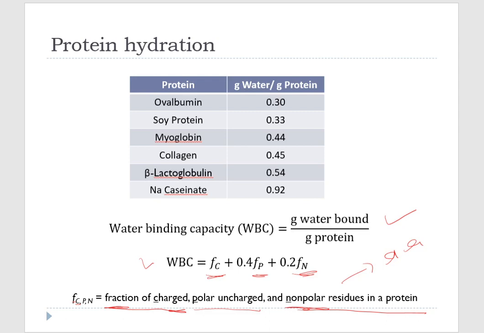And also other functional properties like emulsification, foaming, and gelation are dependent on the solubility of proteins. Okay? So it's important. Let's see the solubility.